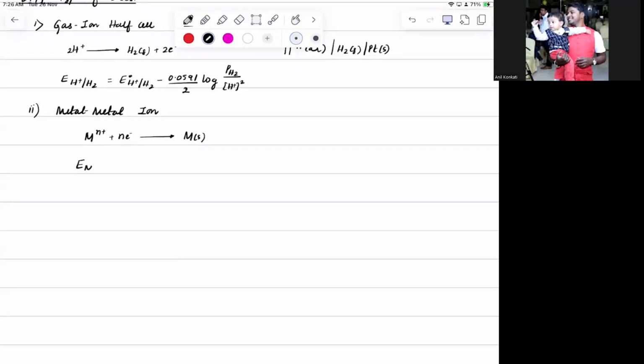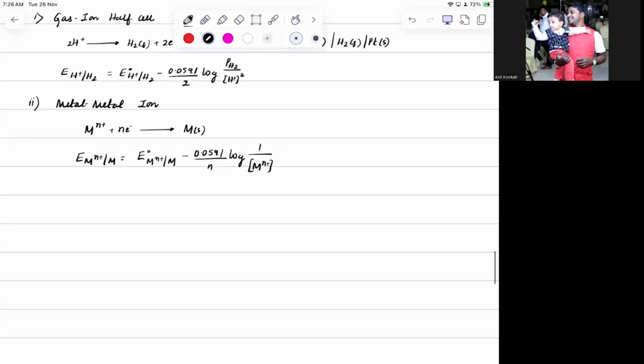So E of Mn+ to M is equal to E naught of Mn+ to M minus 0.0591 by n log of 1 by Mn+. Okay, so this is the reduction part. You'll put a double line here, then Mn+ by M solid. This is the representation.